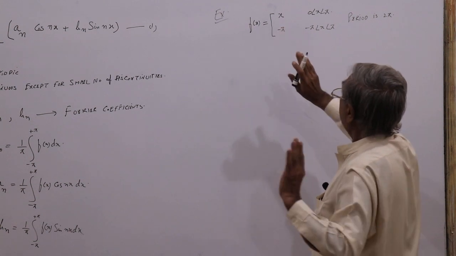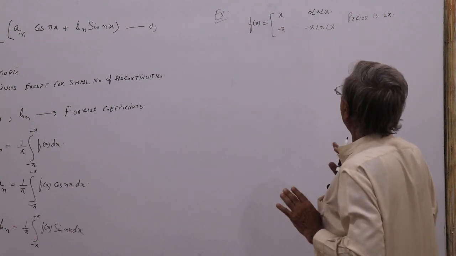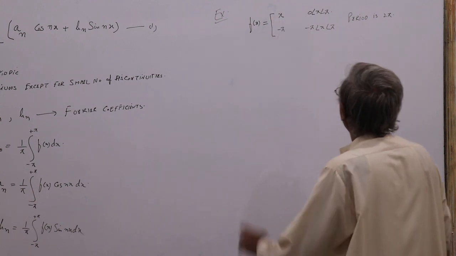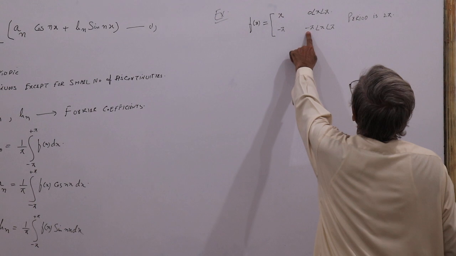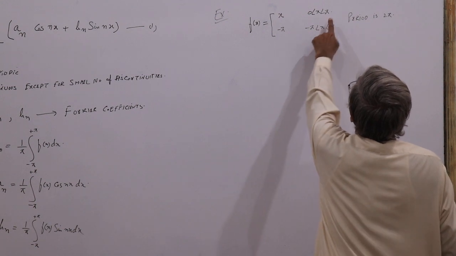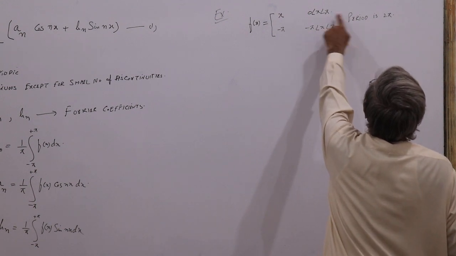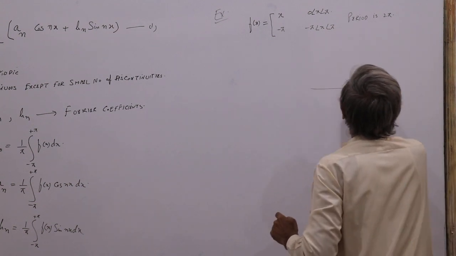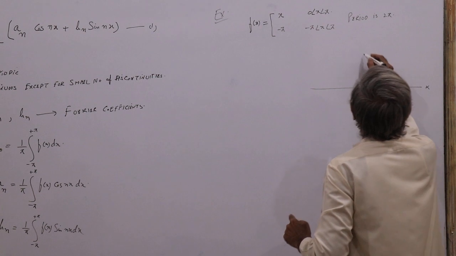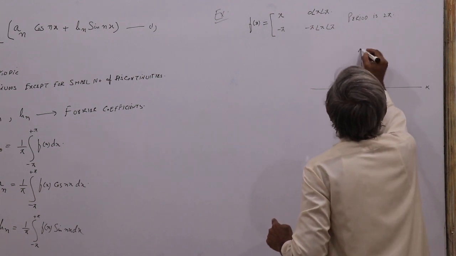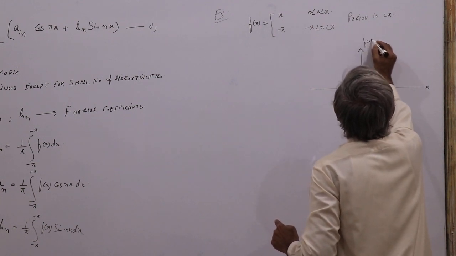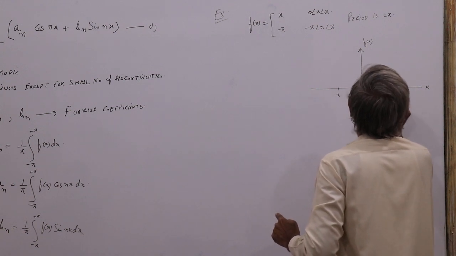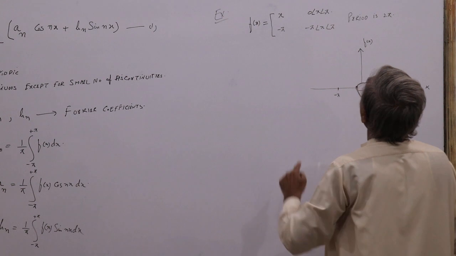The first thing you have to do is plot the graph of the function. The graph starts at minus pi and goes up to pi, so that it covers a period of 2 pi. That is your x, that is your f(x); there is minus pi, there is plus pi.